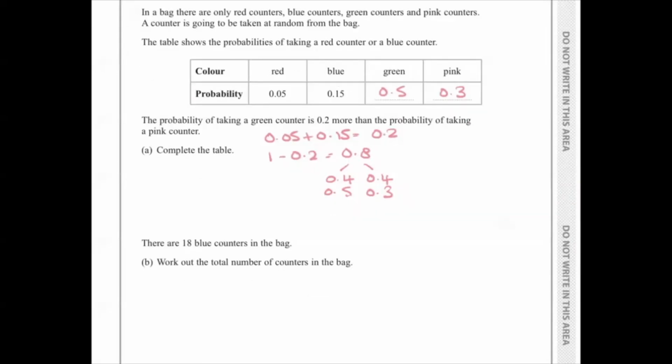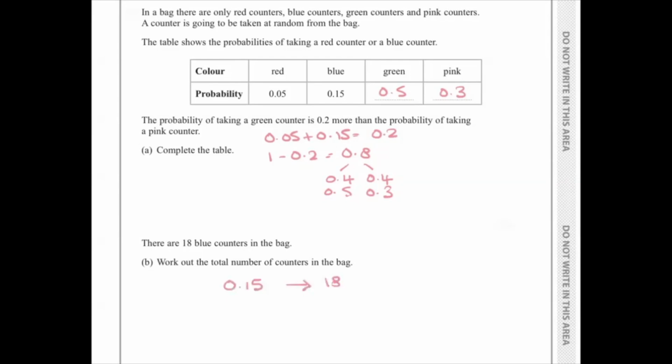Okay, so for the next part, we're being told that there are 18 blue counters in the bag. So the probability of getting blue is 0.15, and that is from having 18 blue in the bag. Now, there's various different ways of doing this, and it's quite a personal thing, I think. I'm going to do it one way, which might not be a way that you would consider doing.